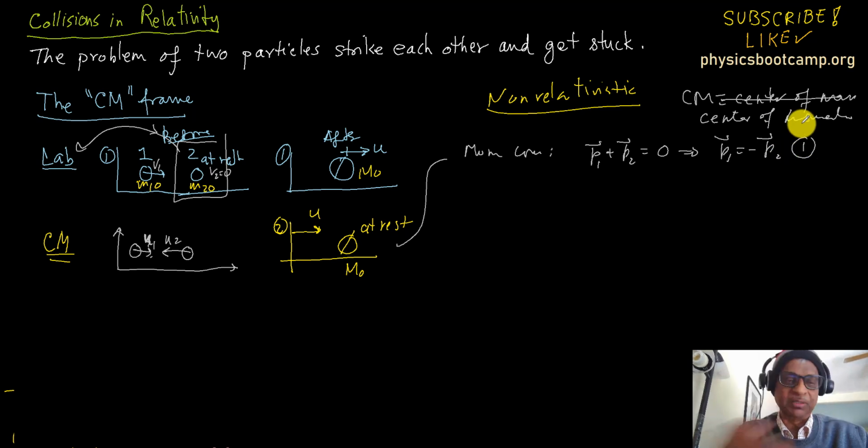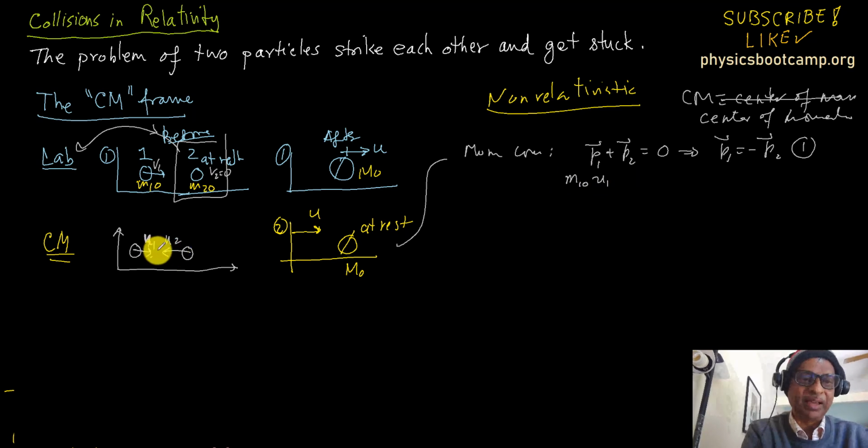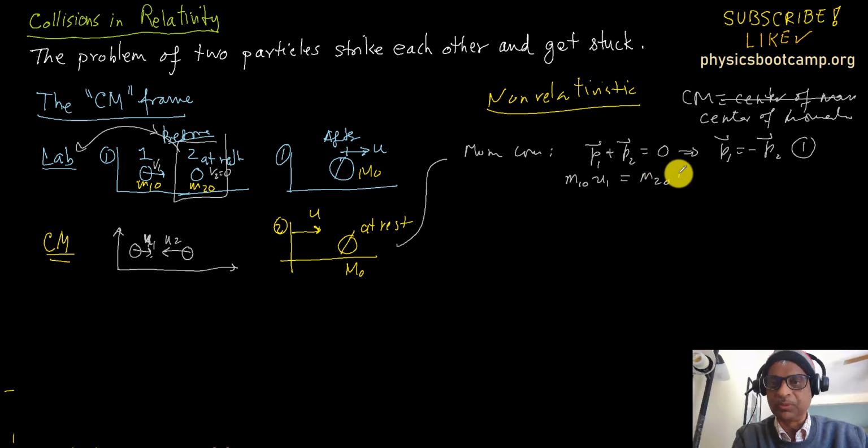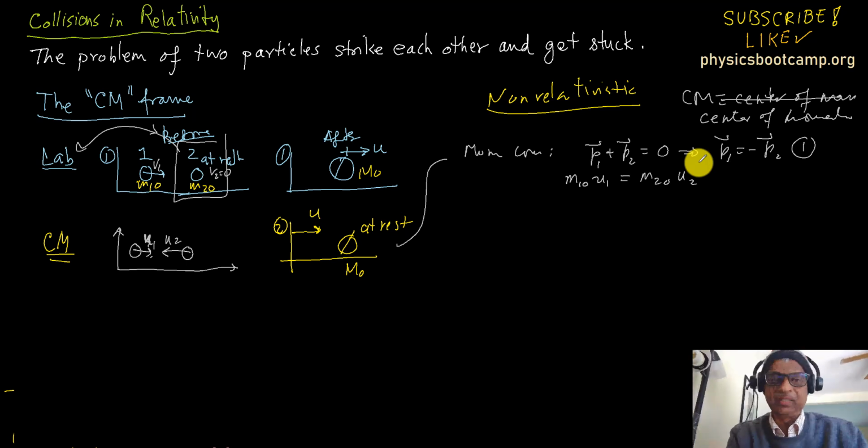So that's one equation. When you work this out, you have M10 U1, taking the arrow as positive, equal to M20 U2. So this one I can write immediately.